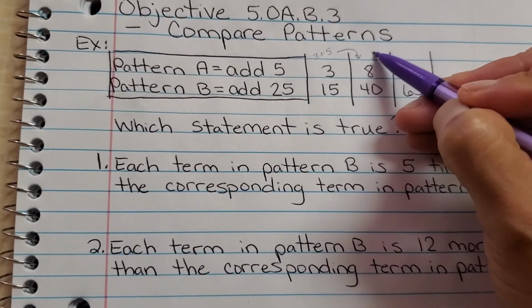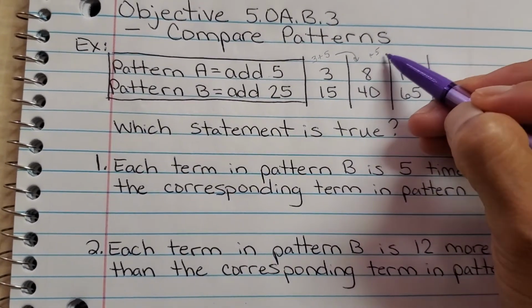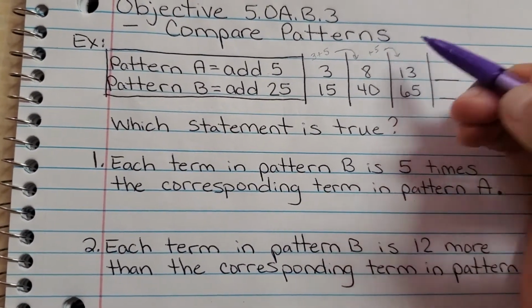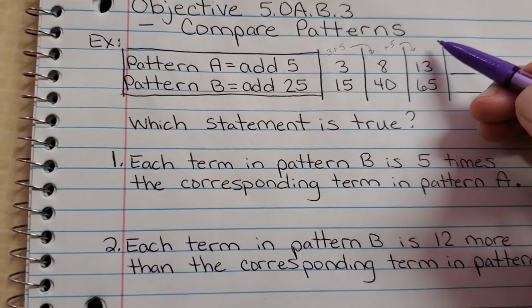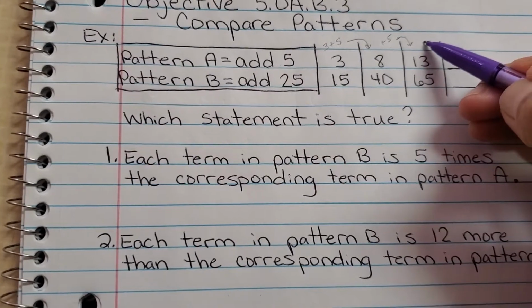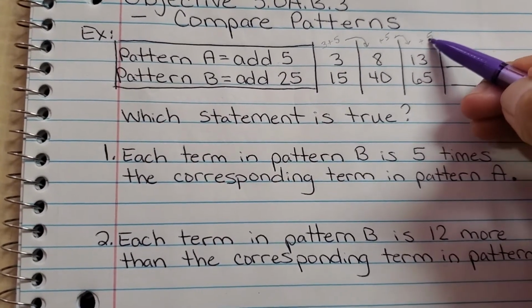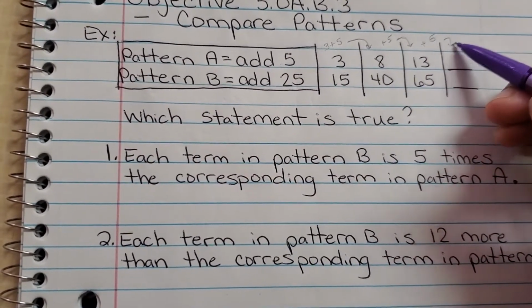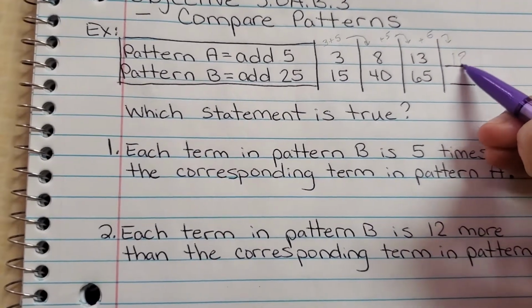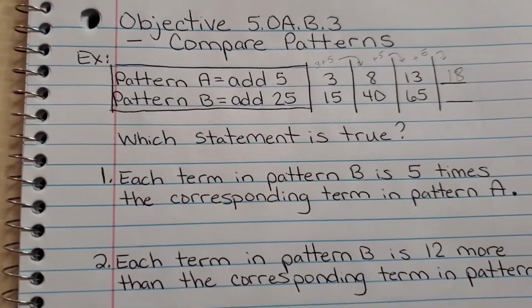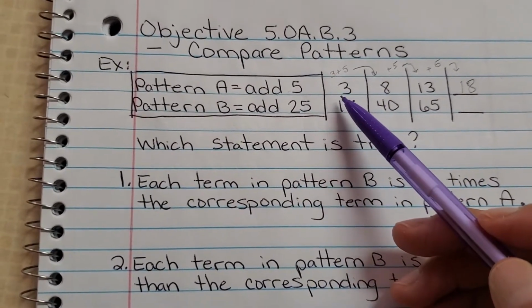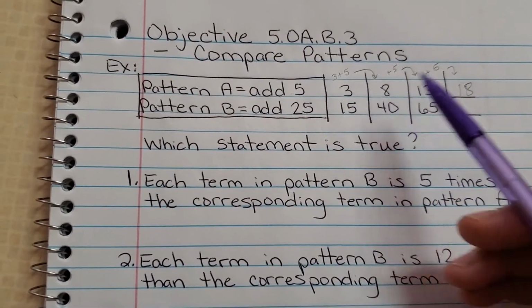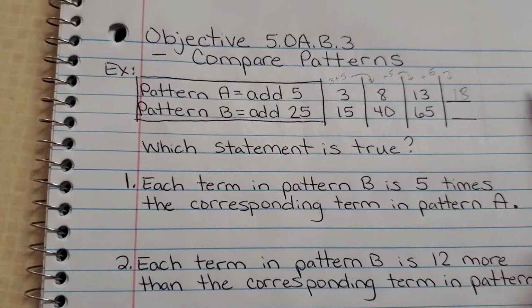Now 8 plus 5 equals 13. 13 plus 5 equals 18. So that's how we get our answers up there. You see the pattern, we're just adding 5. 3 plus 5, 8 plus 5, 13 plus 5. So the pattern will just keep going.